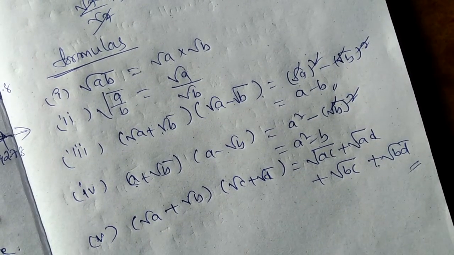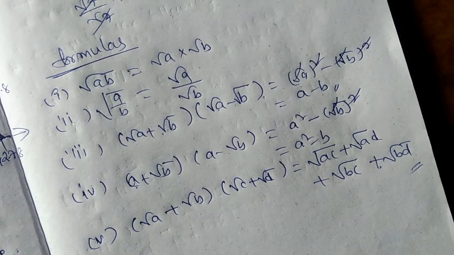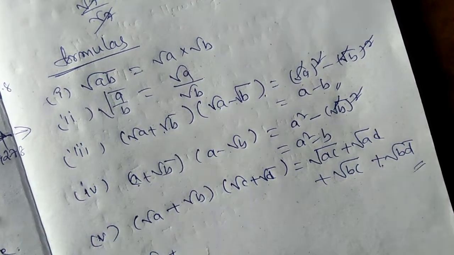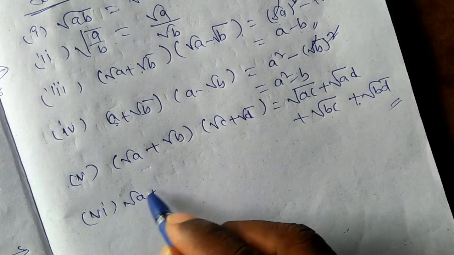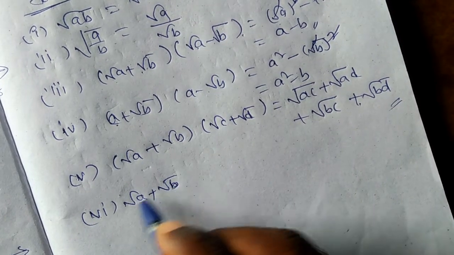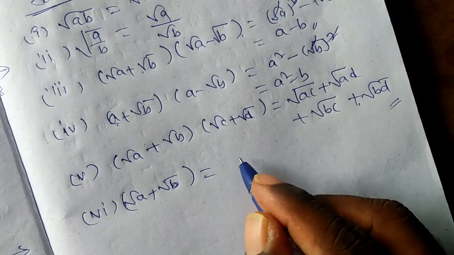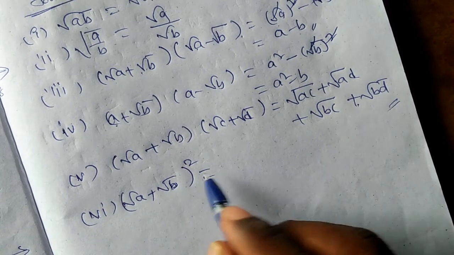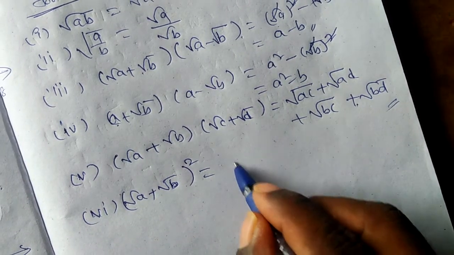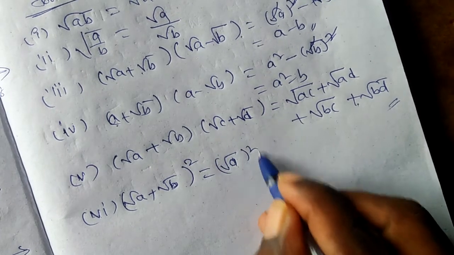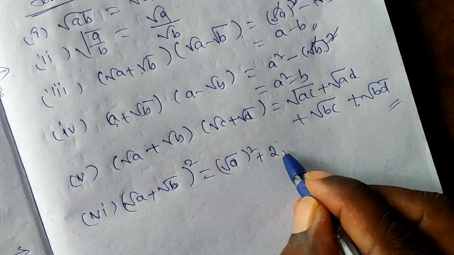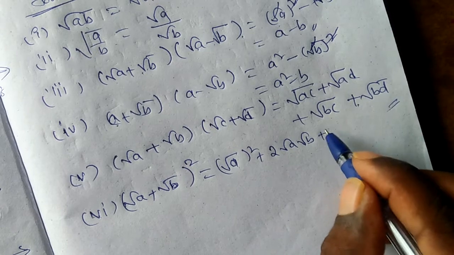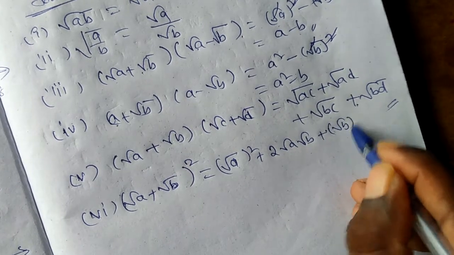So the last one, the sixth one: root a plus root b whole square is equal to, how is it like? a square plus b square. a square means root a square, plus 2ab. 2ab means root a into root b, plus root b square.